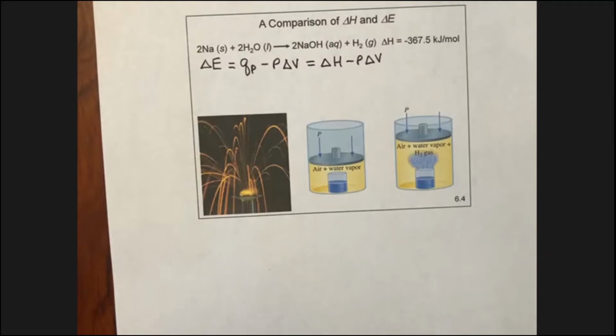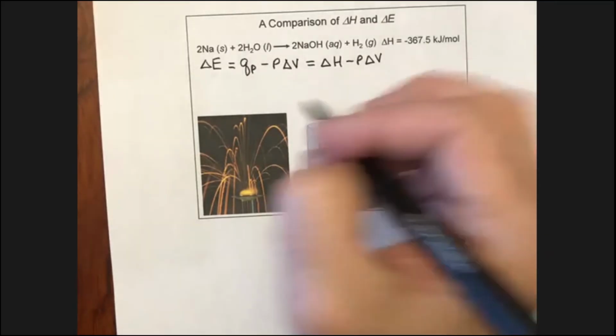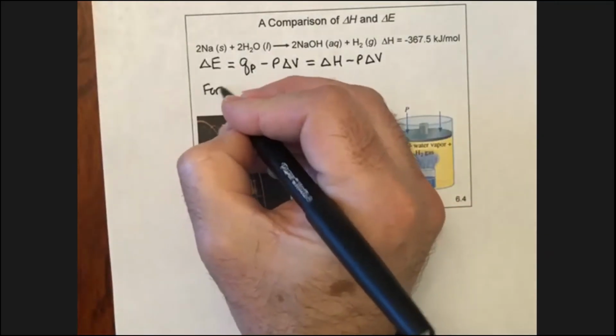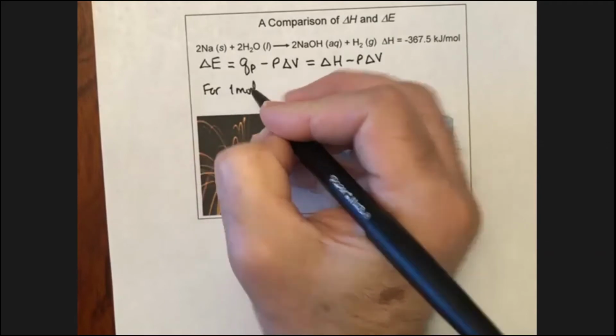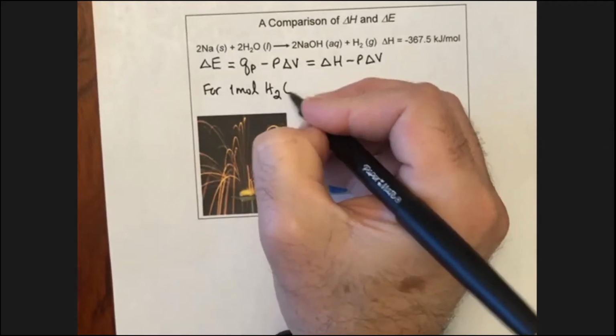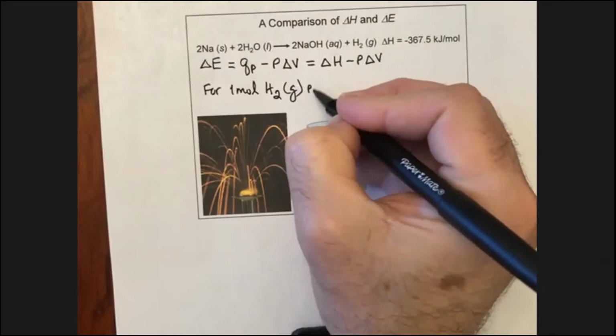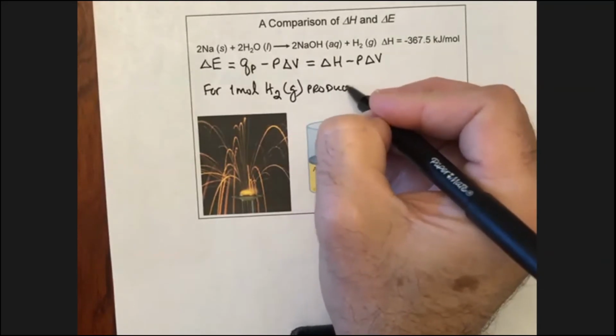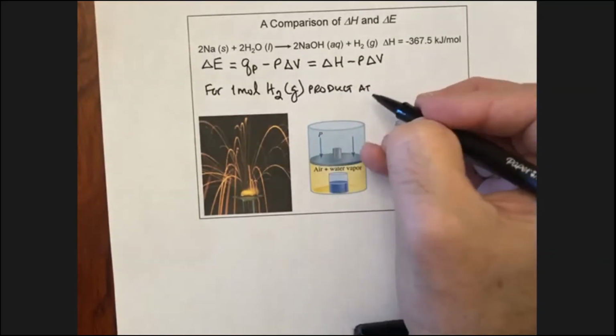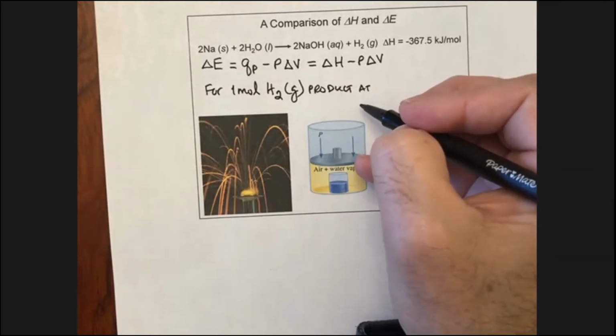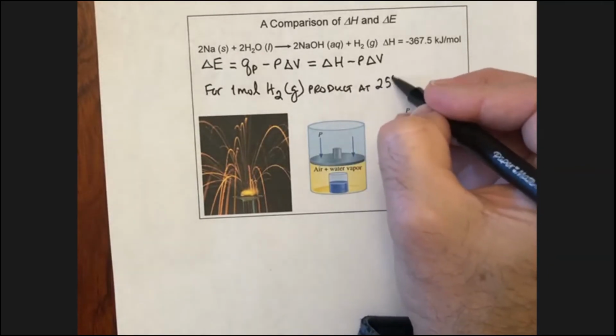Now, let's consider 1 mole of gas. Let's say that we have a reaction where we produce 1 mole of gas, and for the sake of illustration, we'll do this at 25 degrees Celsius.